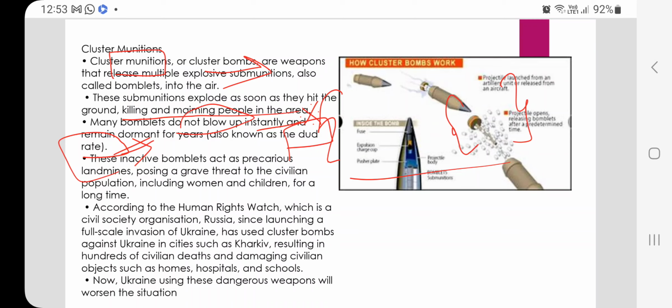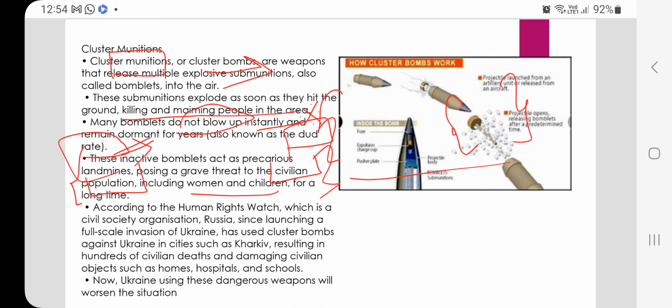So the concern here is that such dormant bomblets which are spread out in the battlefield eventually become like landmines. Even in the future, many years after the war has ended, even decades after the war has ended, especially the civilian population, including women and children, is affected for a long time.